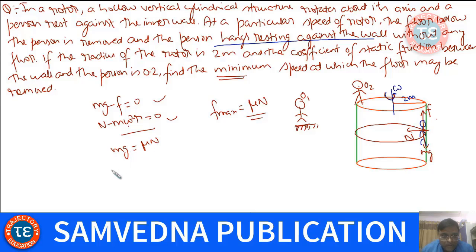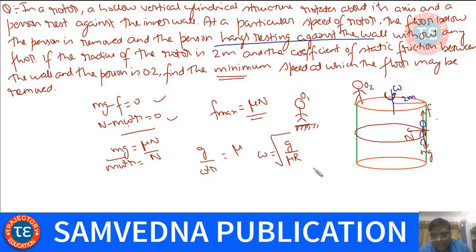So the maximum friction which you can have is mu n, and I have m omega square r as n. So we can divide this, and we have g upon omega square r is mu, or omega is the square root of g upon mu r.